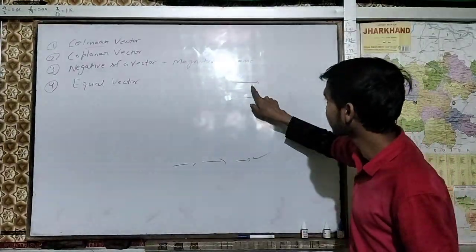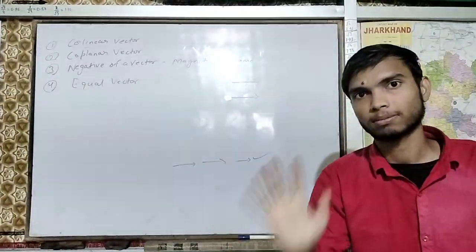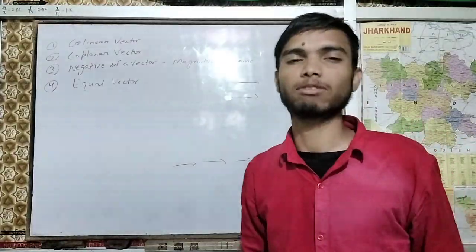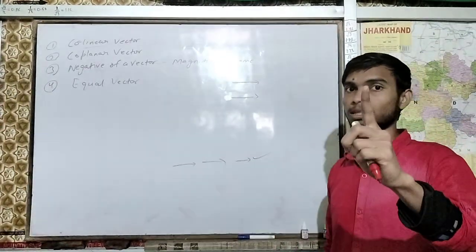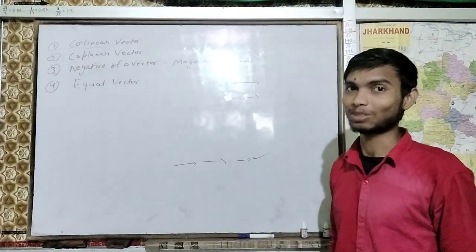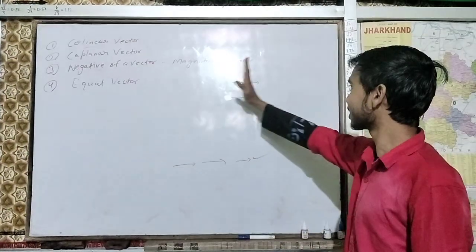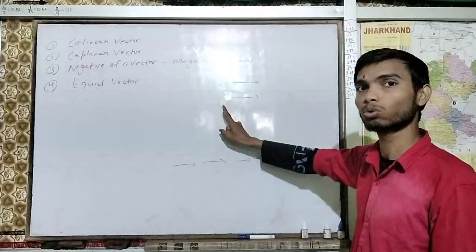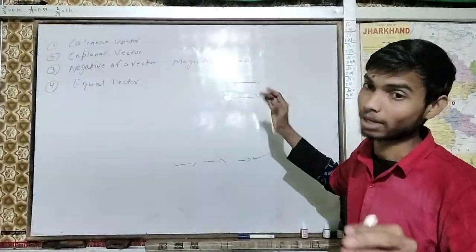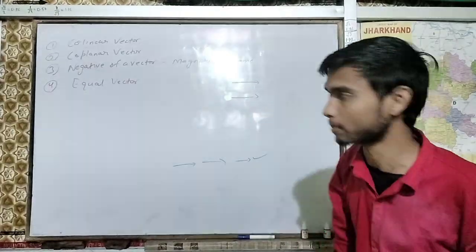Magnitude of this vector and this vector should be the same. If this is 5 centimeter, this is 5 centimeter. But direction also should be the same, not opposite. If this vector is going in this direction, this vector should also go in this direction. So direction and magnitude both should be the same.